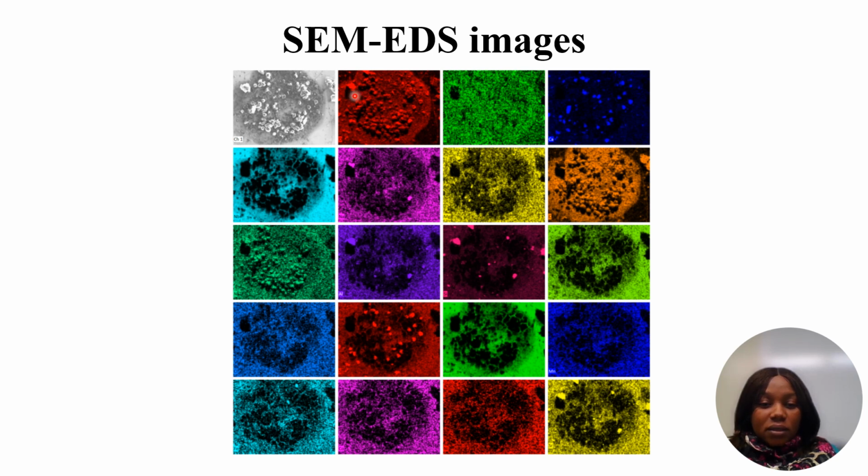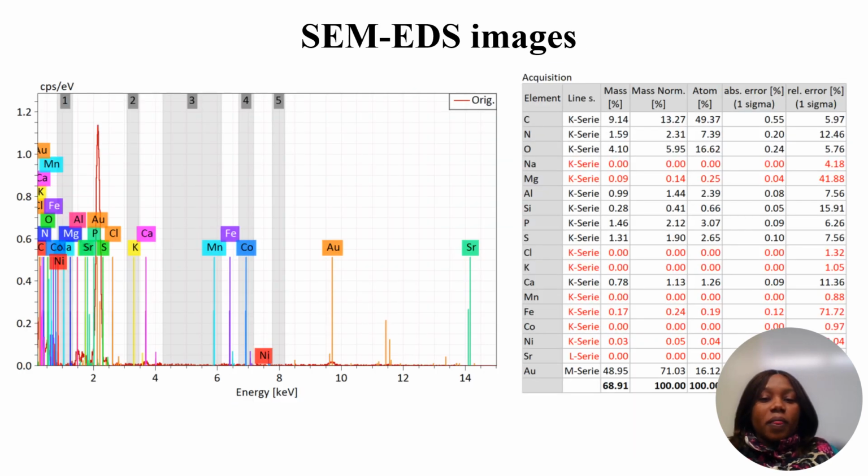We can see this over here. This is oxygen, and we can see carbon. It's showing that there's presence of carbon, phosphorus, and sodium. So it just helps us to map and show us the elements that are present in the sample.